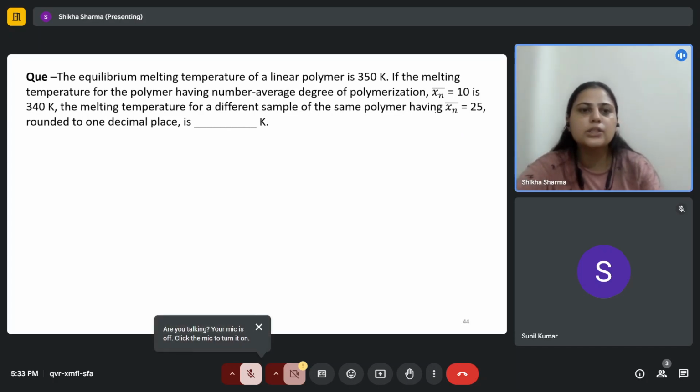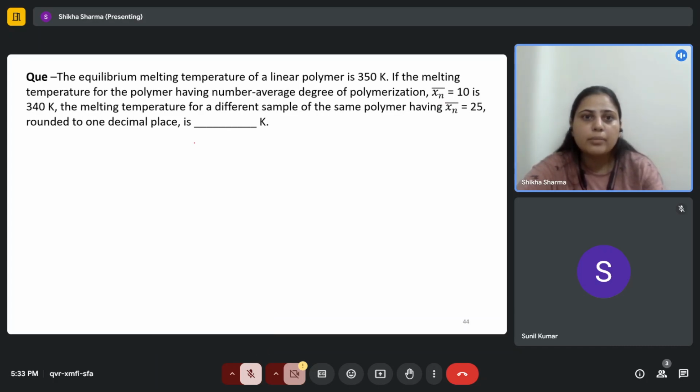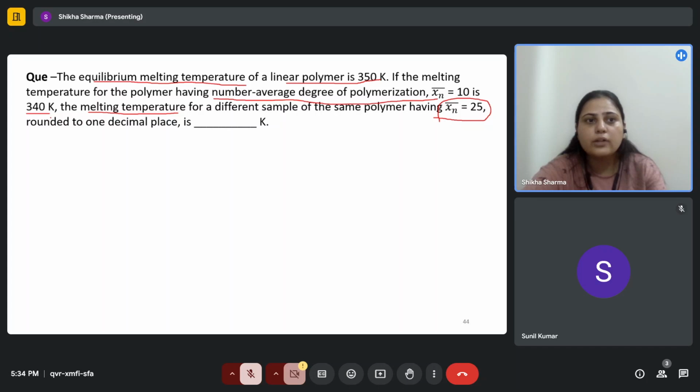If the melting temperature of the polymer having a number average degree of polymerization of 10 is 340 Kelvin, what is the melting temperature of the same polymer having a number average degree of polymerization of 25? So we need to calculate the Tm value at 25. The equilibrium melting temperature is given, which is 350 Kelvin. And we have Xn bar, the number average degree of polymerization, equal to 10, at which Tm is 340.